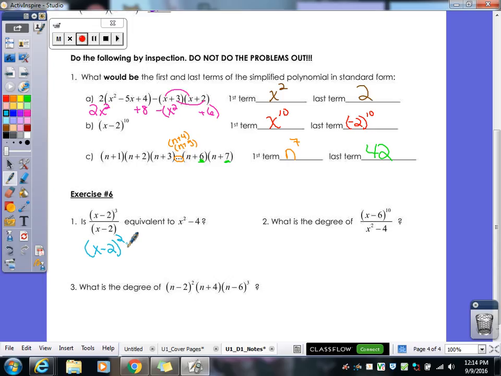Which is x minus 2 squared the same thing as x squared minus 4? No. X squared minus 4, if you factor it, is x plus 2 and x minus 2. So it's not the same thing. This would just be both x minus 2's. To get that, you would need to have an x plus 2. So we got to make sure we answer the question. Are these equivalent? No.